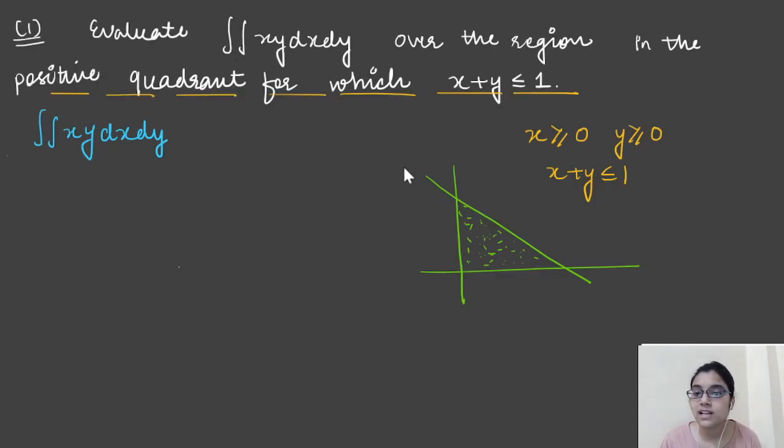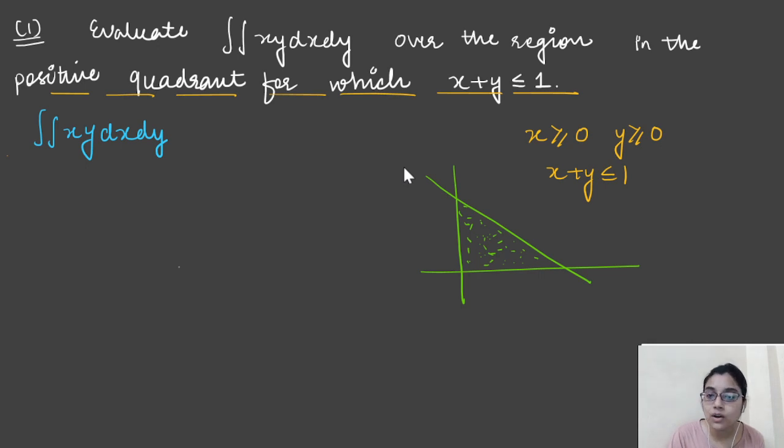So here we are dealing with a question where either you find the limit of x in terms of y or y in terms of x, and the answer is going to be the same.